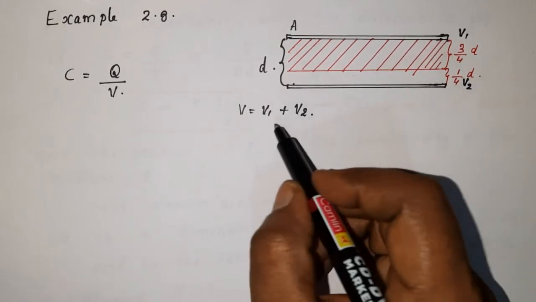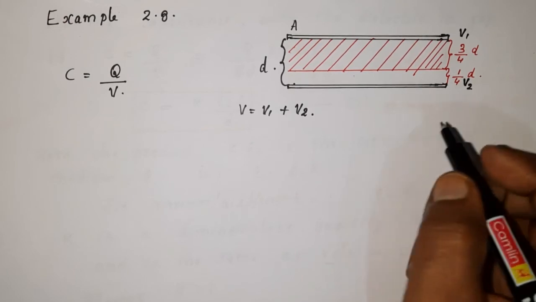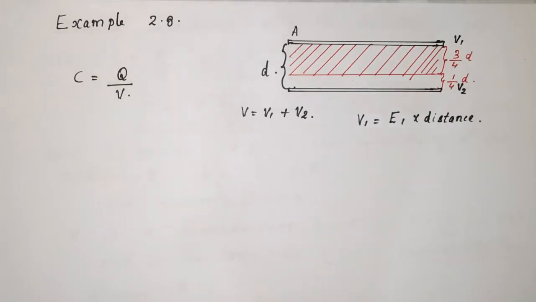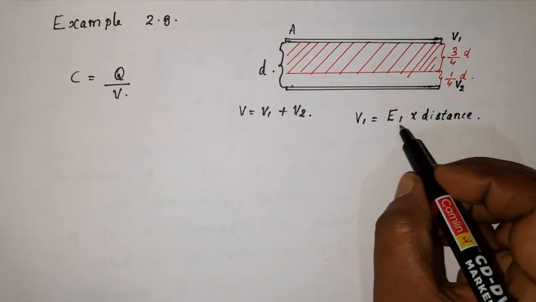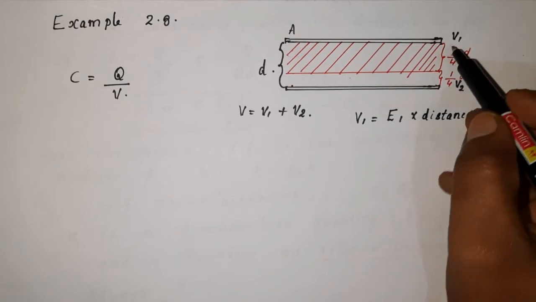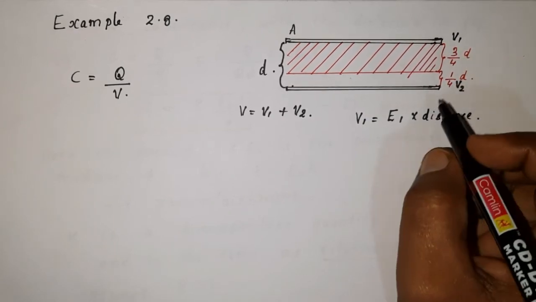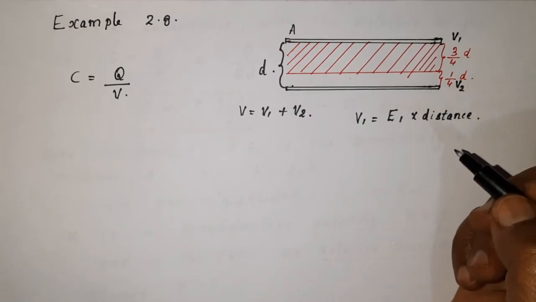Now, what is V1 and what is V2? V1 is equal to E1 into the distance, which is 3/4 into D. What is E1?